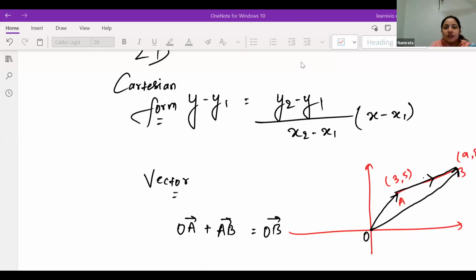Yeah, you can tell me. Sir already taught the triangle law. It is already done in the vector chapter, right? Yes. So that law only I am writing over here. Let me write it again properly so that you will be able to recall the concept.